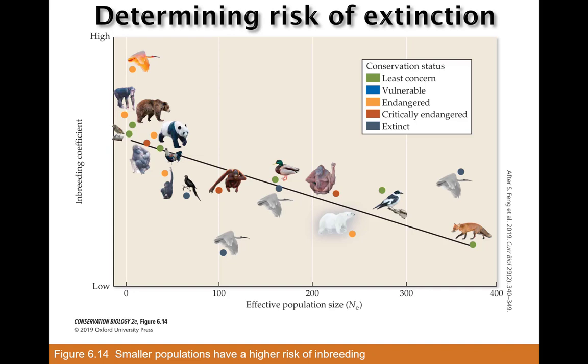Smaller populations, of course, have a higher risk of inbreeding, and this graph shows the results of various different studies where they calculated inbreeding coefficients with these species, and you can see as the population goes up, you have a negative relationship with inbreeding, meaning the population goes up, inbreeding goes down, and as the population goes down, inbreeding goes up. Makes sense.